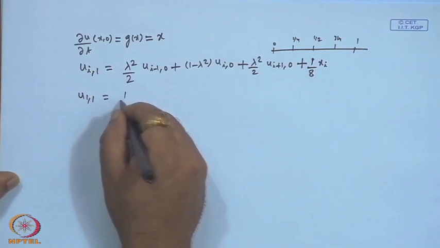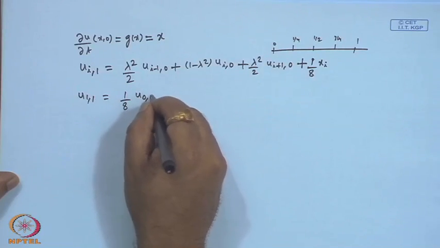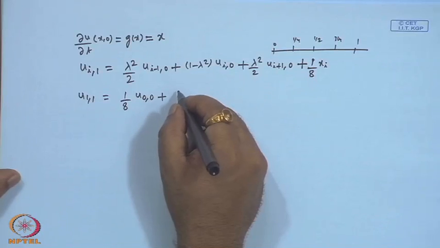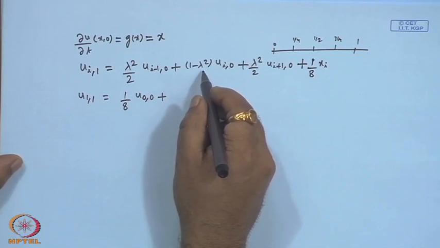So, this becomes 1 over 8 u 0 0 plus 1 over lambda square, 1 minus lambda square.